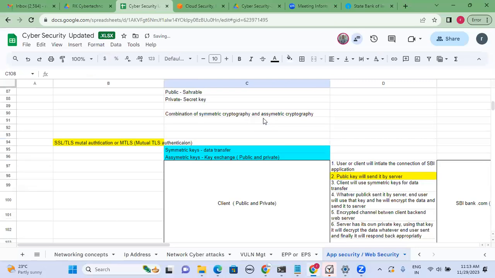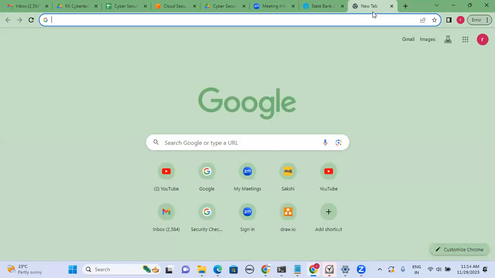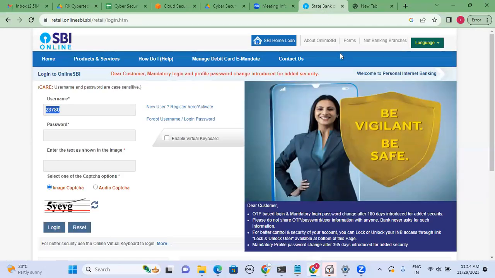what is the problem? We don't know who is sending the public key. Whether SBI Bank is sending it, or on behalf of SBI Bank, any cross-site scripting attack, server-side request forgery, or maybe client-side request forgery, or man in the middle attack, or session hijacking attack will happen. Whenever I'm initiating a connection to www.sbibank.com, maybe in between me and sbibank.com, one person will come and take our session.